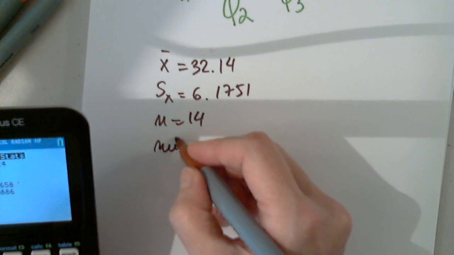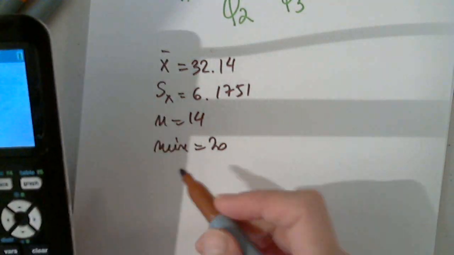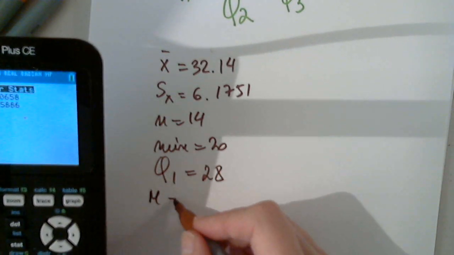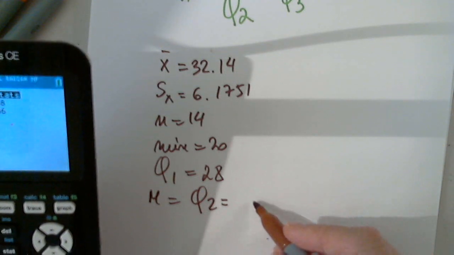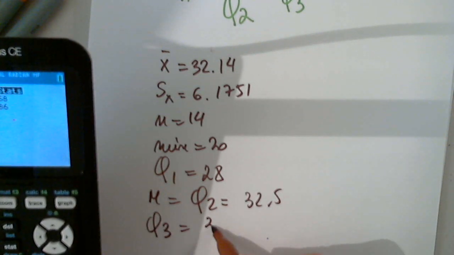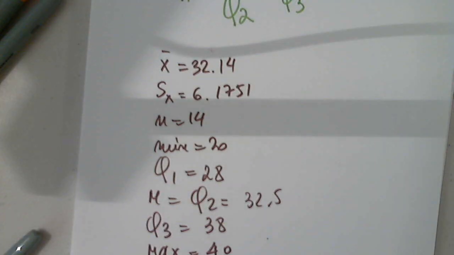The minimum is 20. Scroll down. Now you have Q1, which is 28. We have the median, which is also Q2, which is 32.5. And we have Q3, which is 38. And we have the max, which is 40.